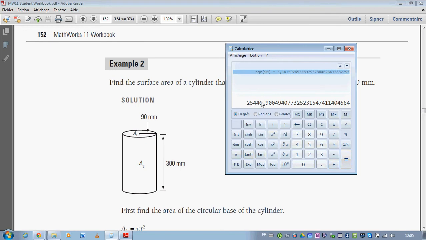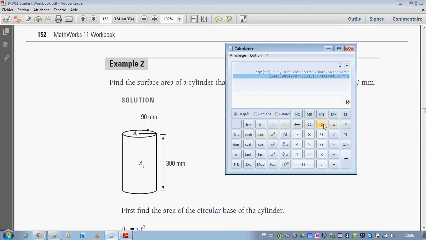This would be the area of one circle, which I then multiply by 2 because I've got 2 of these circles. That's 50,893.8. I'm just going to jot that down. The last step is to figure out the area of this rectangle, whose width is equal to the circumference of the circle.